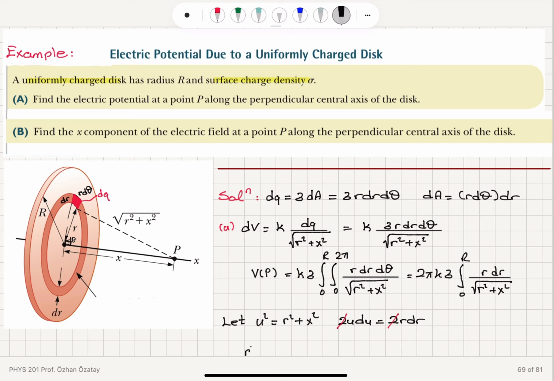Square root of r squared plus x squared is equal to u. And now when r is equal to 0, I can see that u will be equal to x. When r is equal to capital R, u will be equal to square root of x squared plus capital R squared. So these are basically the new limits on the integration that I have to perform.